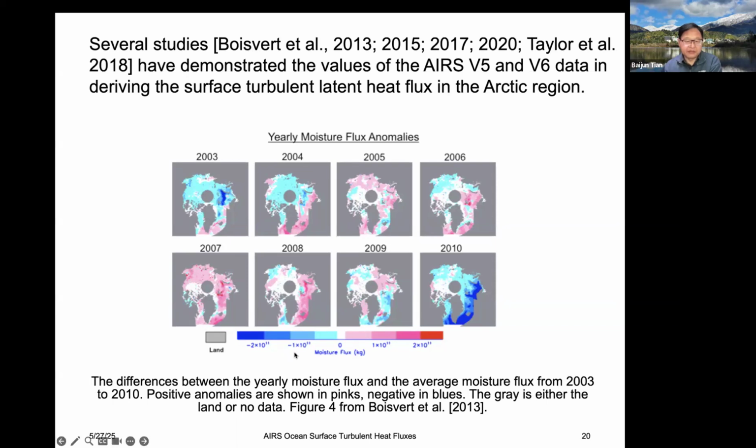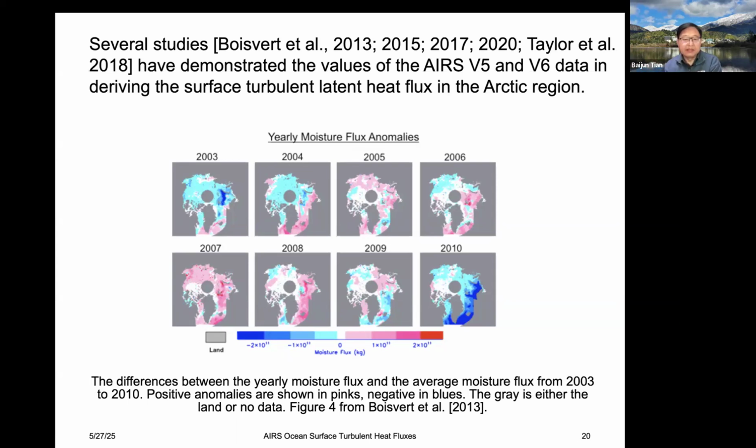For example, in this paper they show the yearly moisture flux, basically latent heat flux anomalies in different years. The pink color means more moisture flux, blue color is less flux. You can see the AIRS data can give a realistic variation of the moisture heat flux in different years.